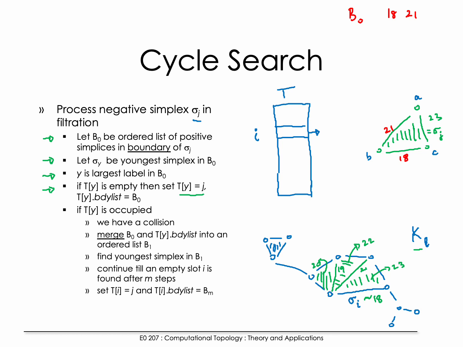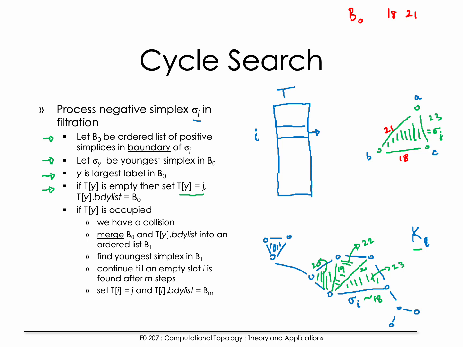But is that the case here? The edge 21 is a creator, but remember that during our sequence we found that 22 is a triangle that killed the cycle that was created by 21, right?